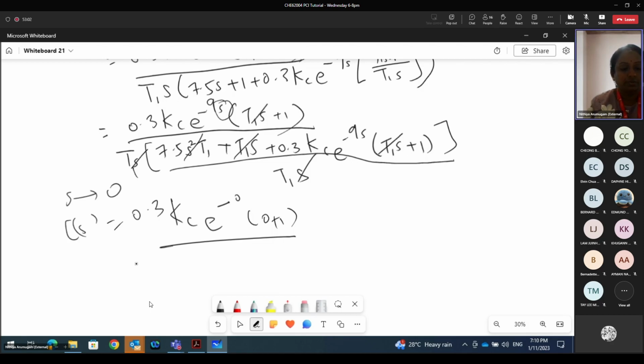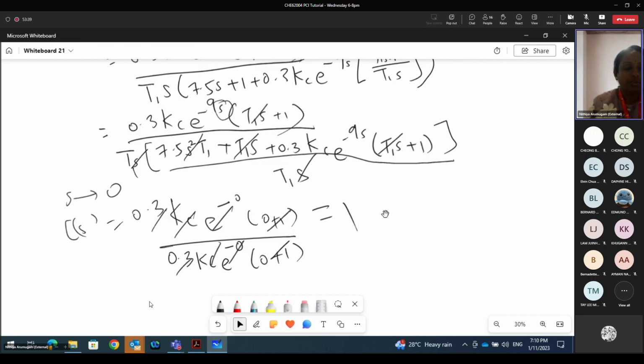Okay, so we'll be getting 7.5 T1 times 0, so that becomes 0 already. Plus 0.3 Kc e negative 0, 0 plus 1. This and this can be cancelled, right? Cancel, cancel, and cancel, and that will only leave 1.